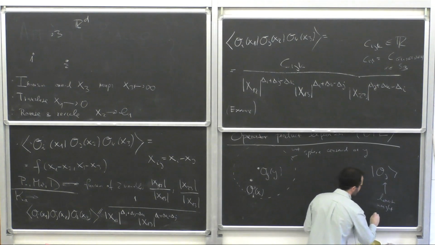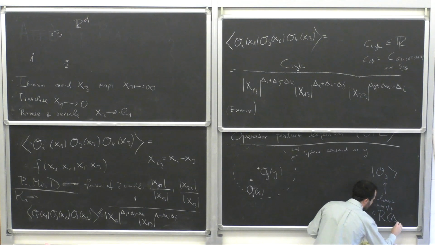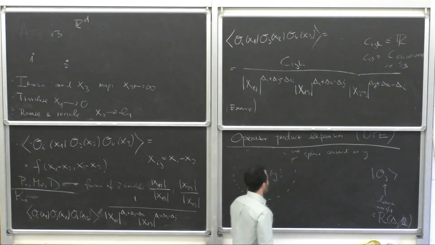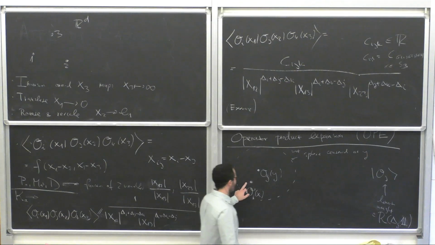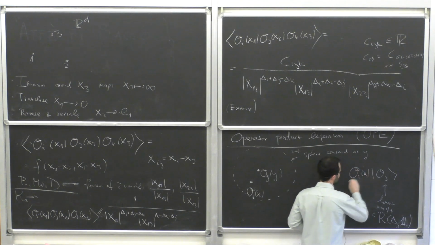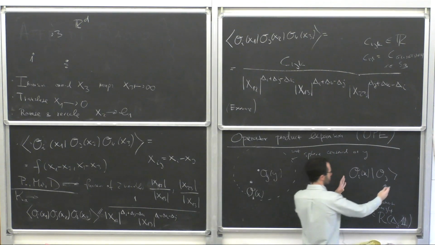This is the lowest weight state in our representation, delta J, 0, or trivial, sorry. And O_I of X is just some operator acting on it, right? So now this is just a state, right?